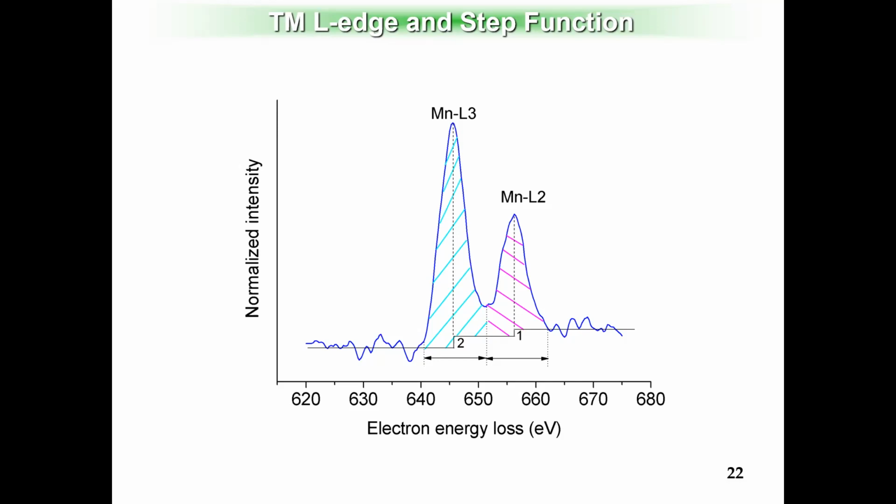But in TEM, because most microscopes don't have a monochromator, the resolution can be as low as 1 electron volt, right? In my case, the best I can achieve on campus at UCSD is about 0.75 electron volt. So that means 750 milli electron volts. In that case, even if you see the shifting of your peaks, I don't think it's a very trustworthy method to argue the oxidation state changes.